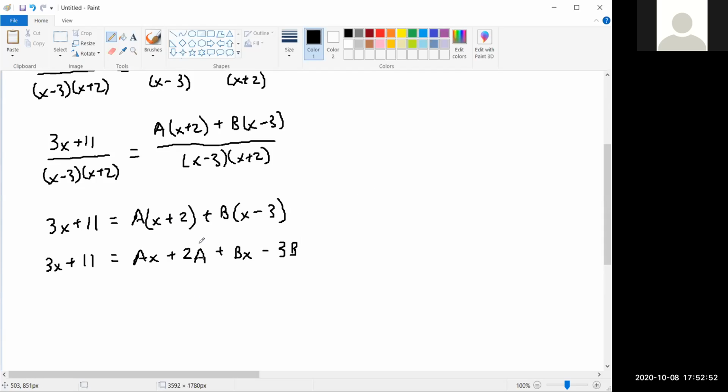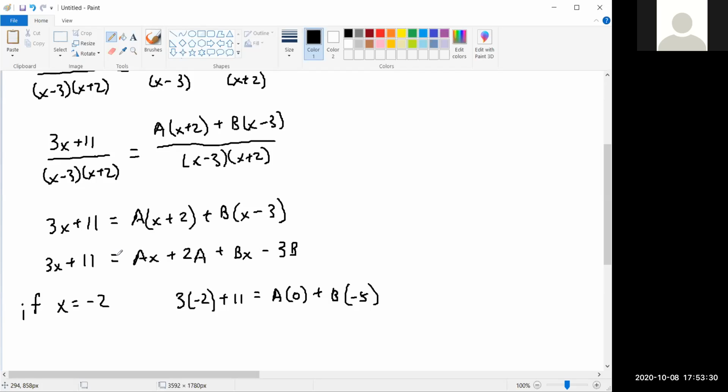Because our equation holds for any value of x, right? So if we just choose x equals -2, then what happens? Then we will have 3 times -2 plus 11 is equal to A times 0 plus B times -5, right?